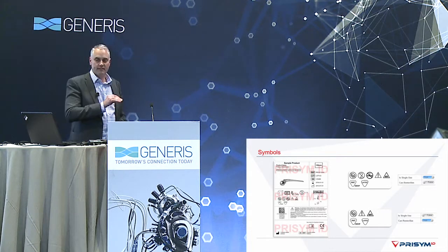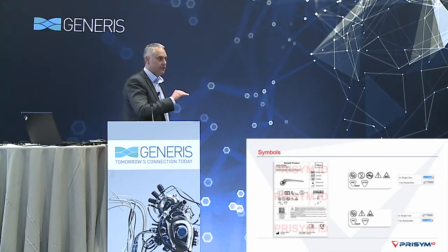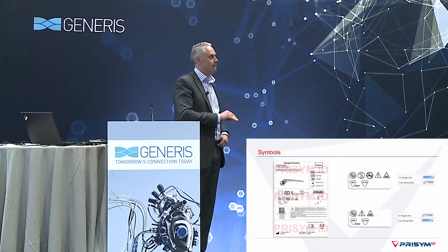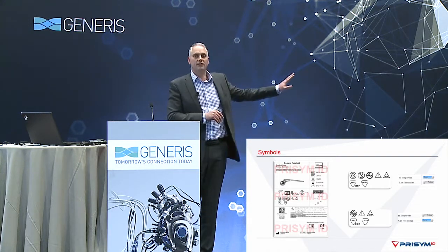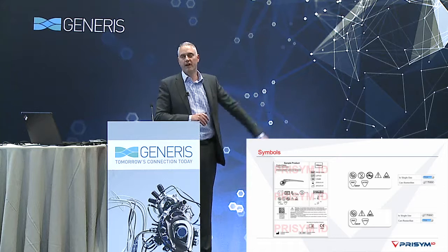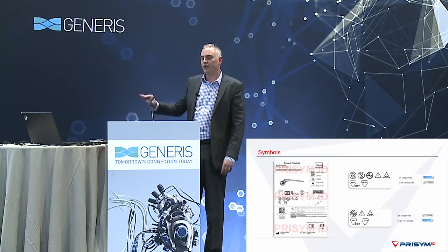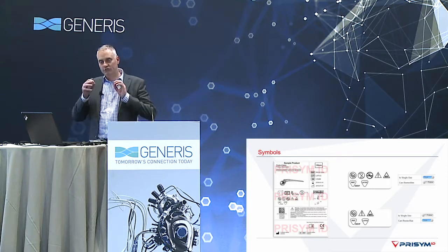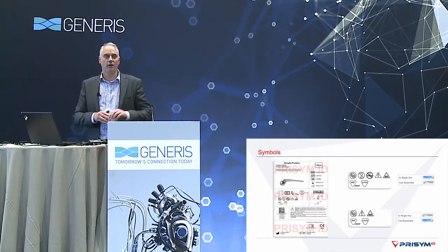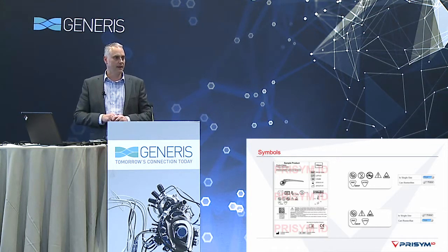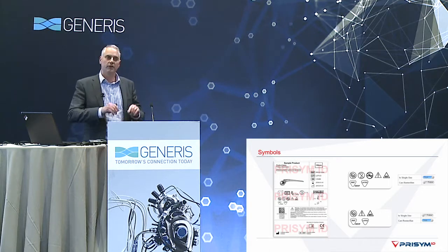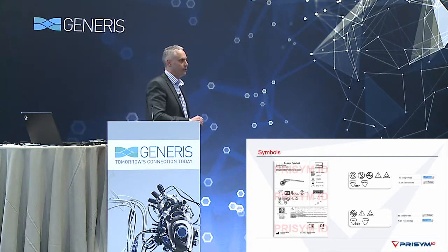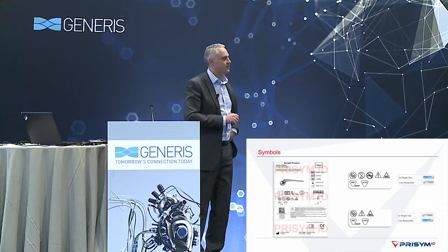What we think this means is it's shifting the approach to labeling from how do we design a set of labels, one per product, that we know we can get approved, and then we know it's right, to actually being, this is so much more driven around the product data for a particular market. The symbols you use, the data that is needed on those symbols now needs a lot more intelligence about it.